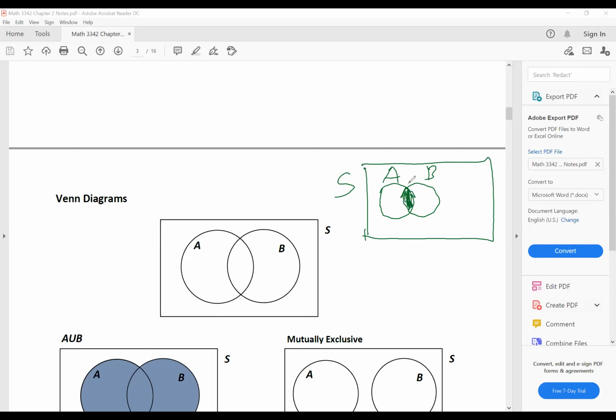So what does this actually mean? This means these two events have common outcomes. So that means A and B have some common outcomes. So that means they are not mutually exclusive.